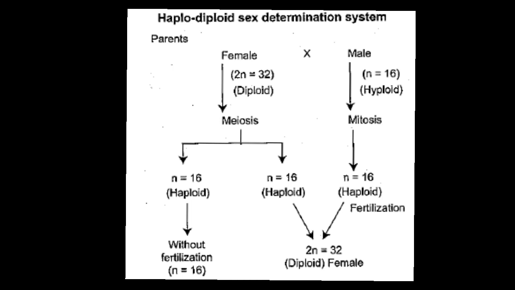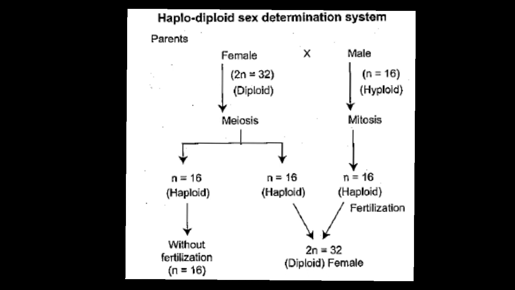Yes, please try to understand, students. Fertilization between male and female is going to produce, yes, 32 chromosomes, and 32 chromosomes are of females. So fertilization takes place and results in a female progeny. So yes, when the zygote develops further, it will turn into a female having 32 chromosomes.